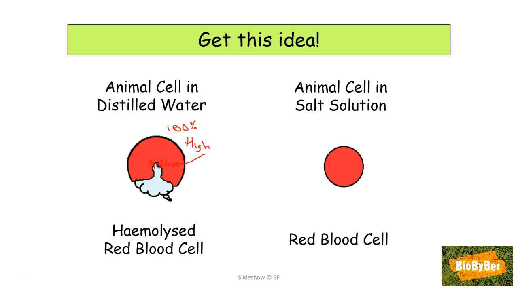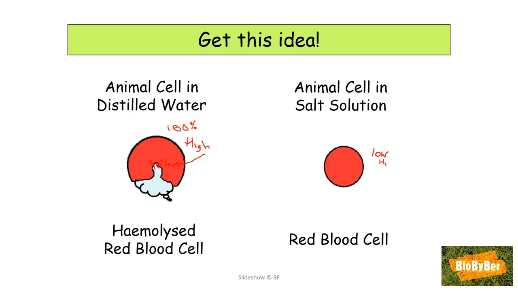Now let's have a look at the other situation, where you might have an animal cell in a salt solution. This time, find the high water concentration. The high water concentration will be inside the red blood cell because the cytoplasm is 90% water, a pretty high water concentration. Outside is a salty area, so the water concentration outside will be low.